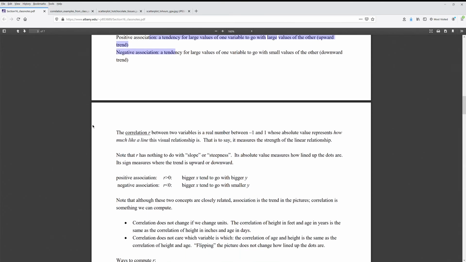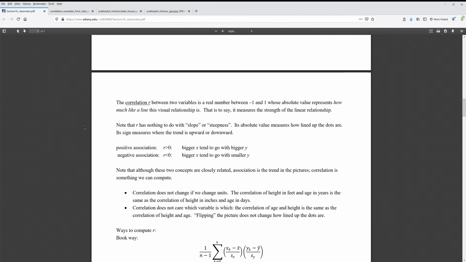The correlation between two variables, first of all, is a number. It's something that you compute. The correlation between two variables is a real number between -1 and 1, whose absolute value represents how lined up the dots are.